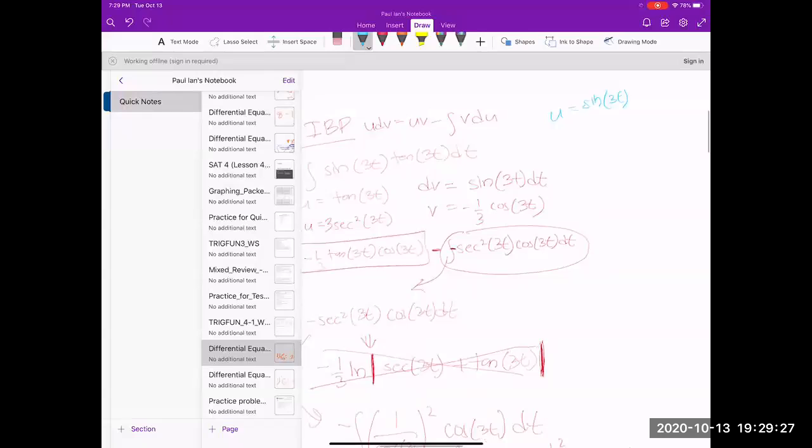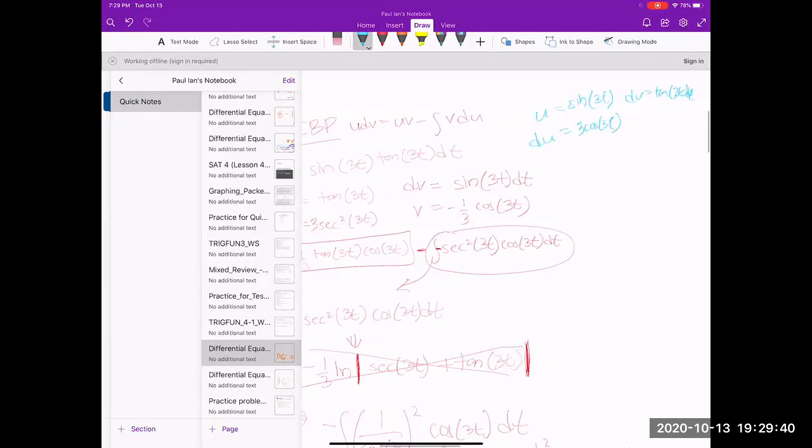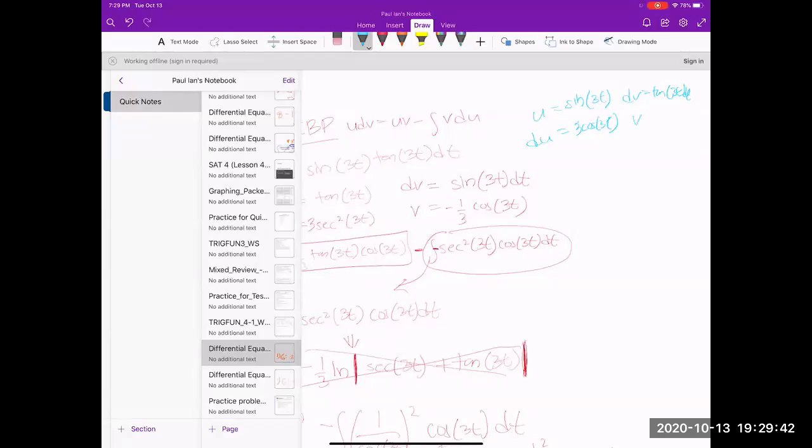If you chose tan as your u, would it still be possible to solve it? Let me see. When you do the du, it would be 3 cosine 3t. And then when you take the integral of tan, it would be secant. Well, is it 1/3? I think 1/3 secant of 3t.